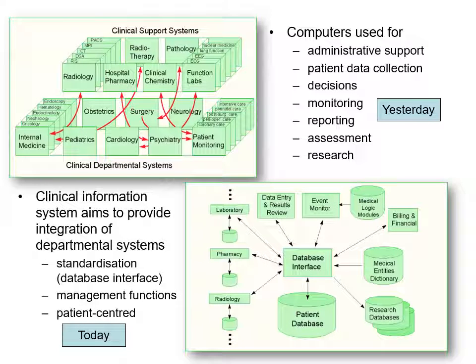Nowadays, clinical information systems aim to integrate various departmental systems at the same time, and the integration happens via the patient databases, pretty much, so the patient record databases. For the information system to be able to do that, there's an underlying need for standardization.